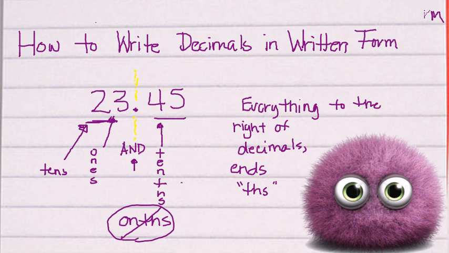It mirrors the other side. So what would come next after tens over here? It would be hundreds, right? So the same thing here: this is hundreds. But not just hundreds, it's hundredths. All right, so let's take a look at another example.